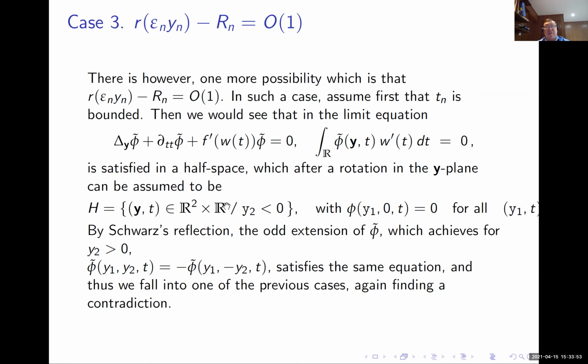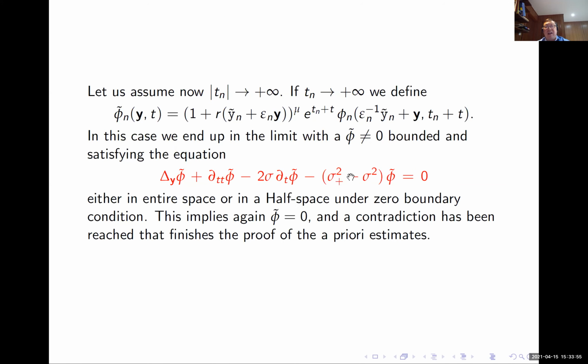Or you get a linear problem with a convection term, which is either in the half space or the entire space. And again, you just use the maximum principle to exclude both cases.